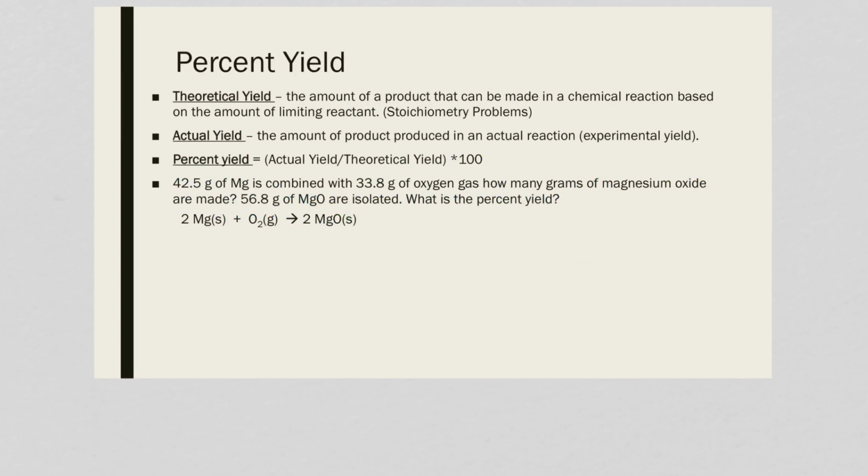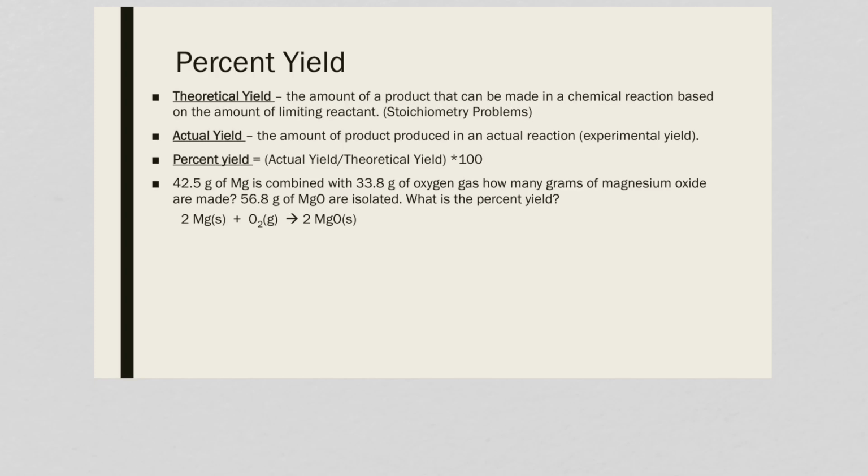So let's try that. A reminder that our theoretical yield is the amount that can be made in a chemical reaction based on the limiting reactant, right? This is what we get from our stoichiometry problems. We have the actual yield, which is the amount of product produced in an actual reaction, an actual experiment. Sometimes you'll see this called the experimental yield.